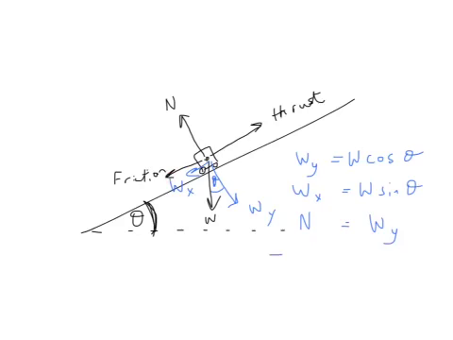If that's true, then the thrust would equal friction plus Wx. Right? This would also be true if the object was moving at a constant velocity up the ramp. So only when we have constant velocity does this last equation apply, this one.